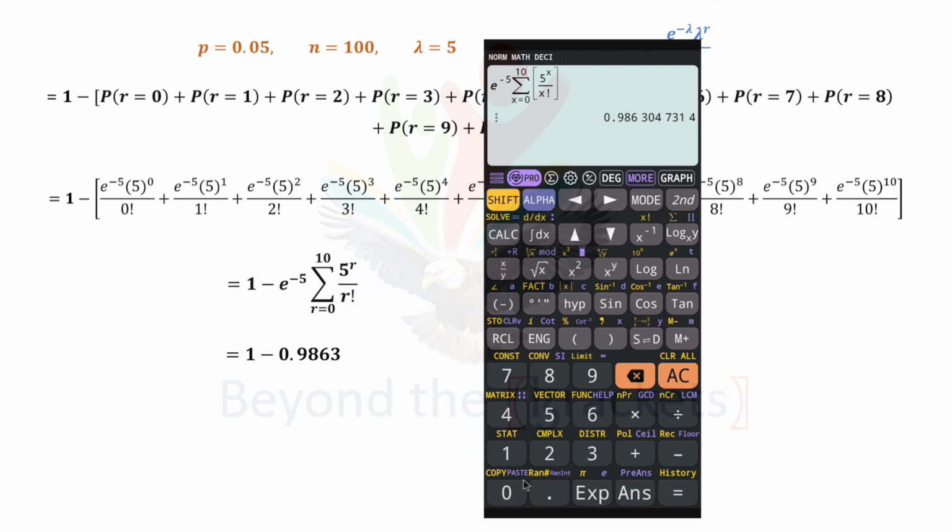The complete expression is simplified as 0.0137.